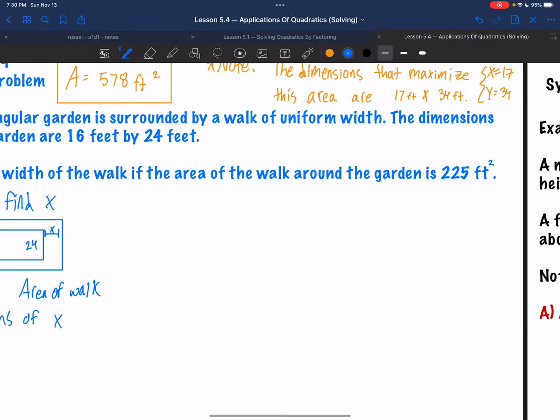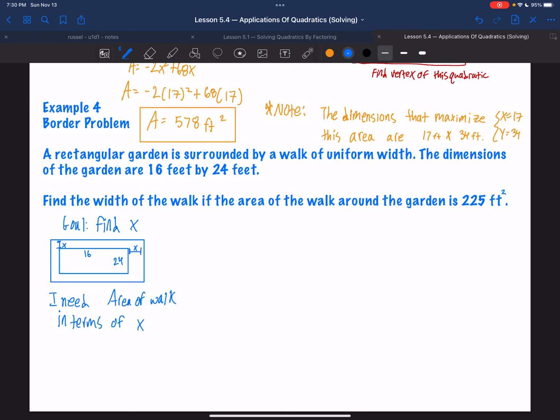Well, we talked about this in the previous unit, which is why we were setting up for this moment. And that is to label the other dimensions, right? The outside dimensions are 24. Ooh, you know what? Just because it's a picture, I should probably switch those out. This should be 16.